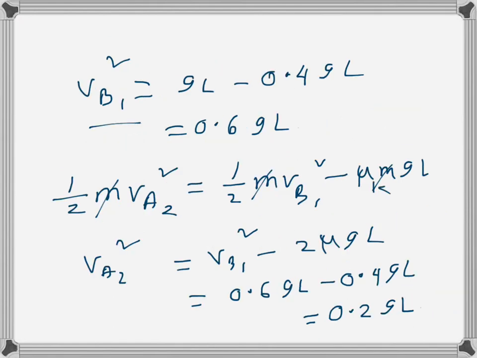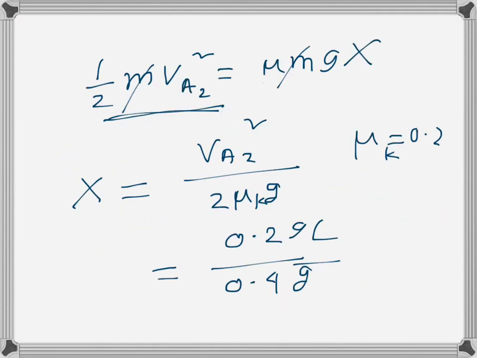Anyway, so here G and G are getting cancelled, so this is L over 2. That means X, which is the distance from point B, will be L over 2, which is 40 over 2, so 20 centimeter. So at 20 centimeter from the left side it stops. That's what the result is.